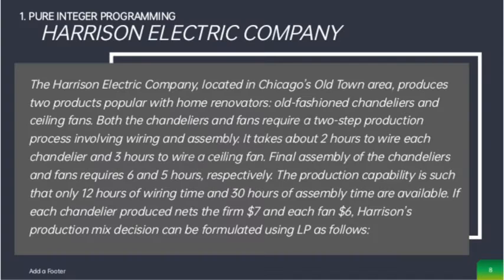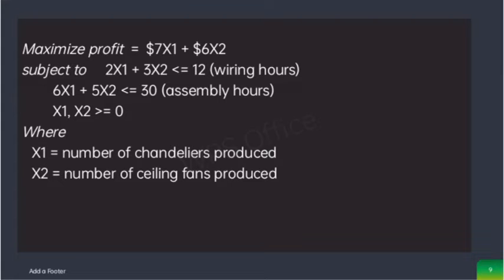Moving on, in our problem, Wes Wallace needs to produce chandeliers and ceiling fans in integer quantities. X sub 1 is chandeliers and x sub 2 is ceiling fans.